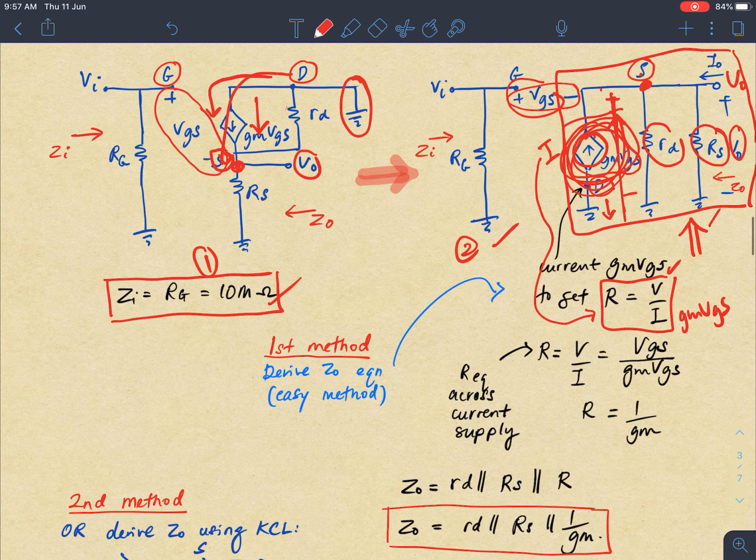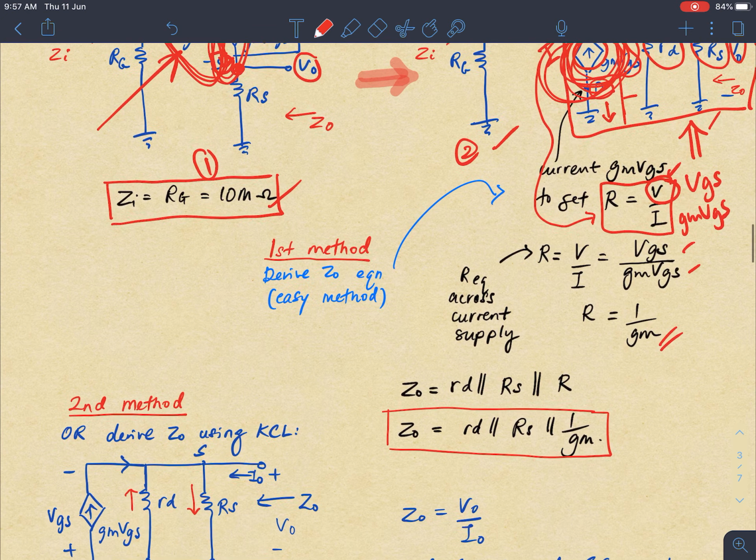If we look at the left side figure, this vgs is parallel with the gm-vgs current, so we can say that our voltage here is vgs. So you get a resistor at this part equal to 1 over gm.